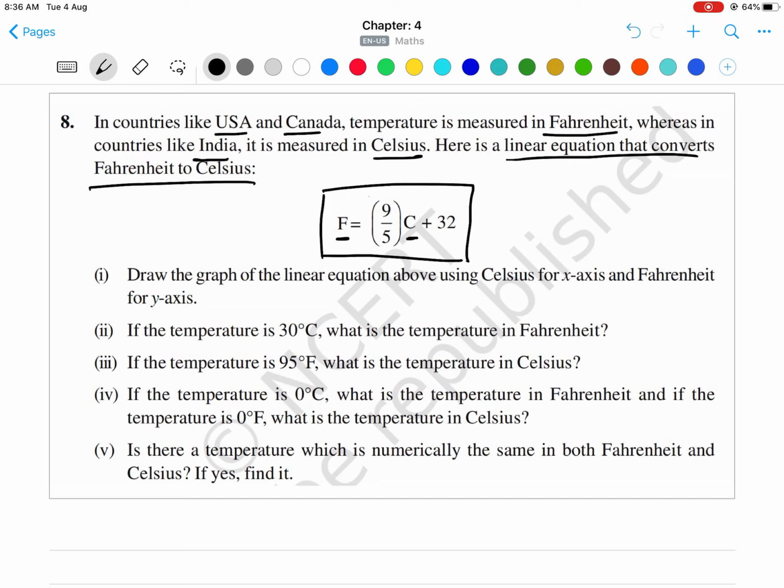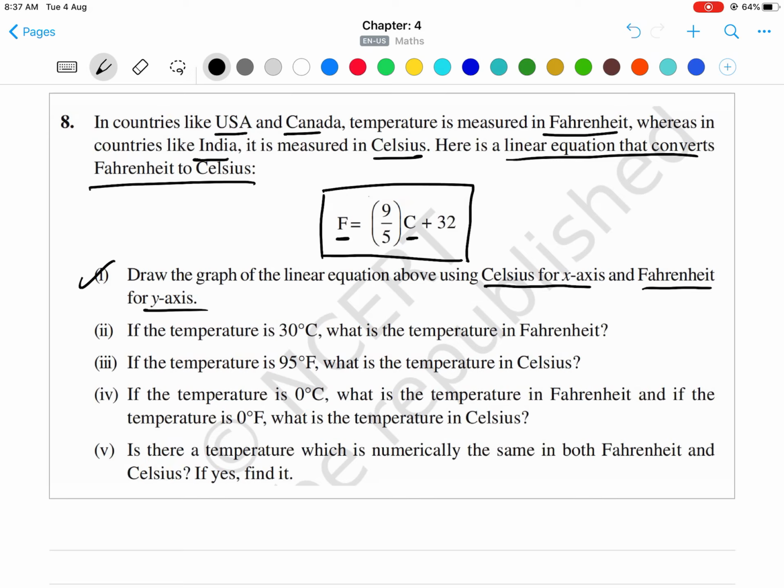This is the conversion equation. The first part asks us to draw the graph of the linear equation above using Celsius on the x-axis and Fahrenheit on the y-axis. So we have to find the solutions of this linear equation and represent them on the graph, taking Celsius on the x-axis and Fahrenheit on the y-axis.